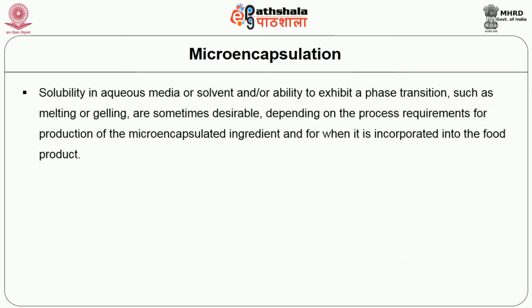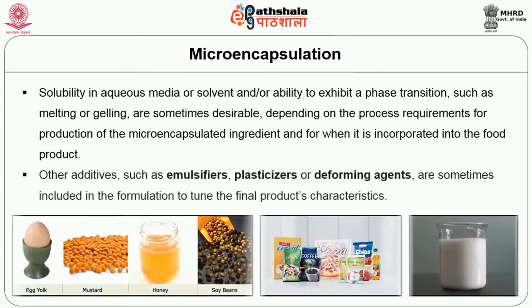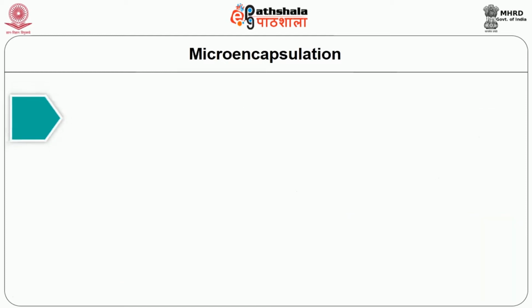Solubility in aqueous media or solvent and or the ability to exhibit a phase transition such as melting or gelling are sometimes desirable, depending on the processing requirements for production of the microencapsulated ingredient and for when it is incorporated into the food product. Other additives such as emulsifiers, plasticizers or defoaming agents are sometimes included in the formulation to tune the final product characteristics.